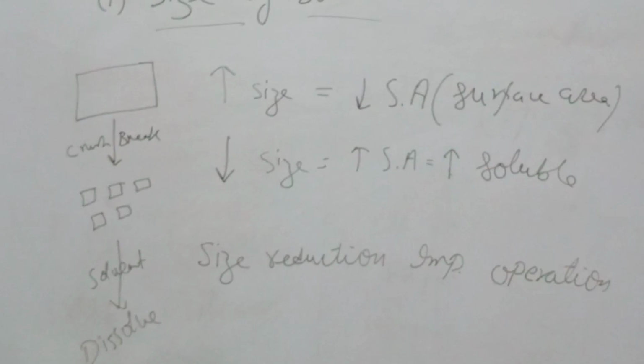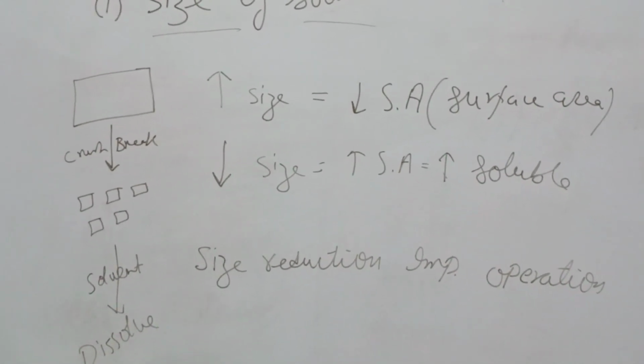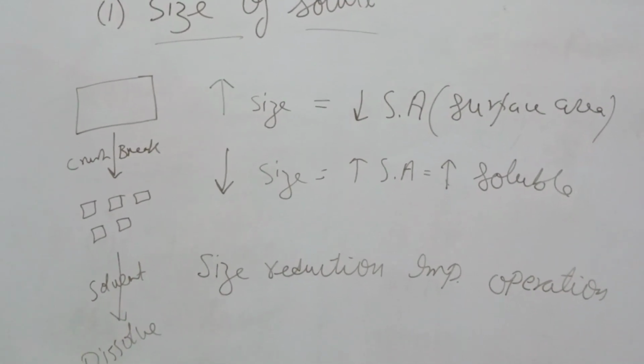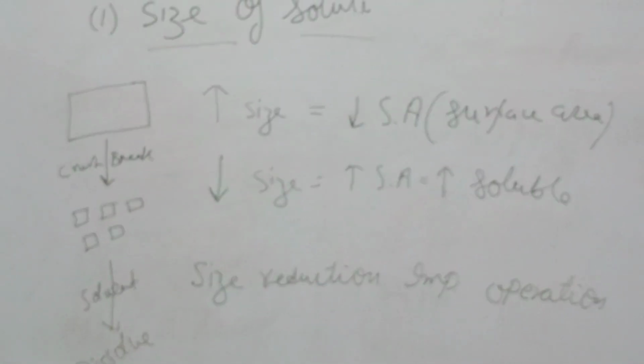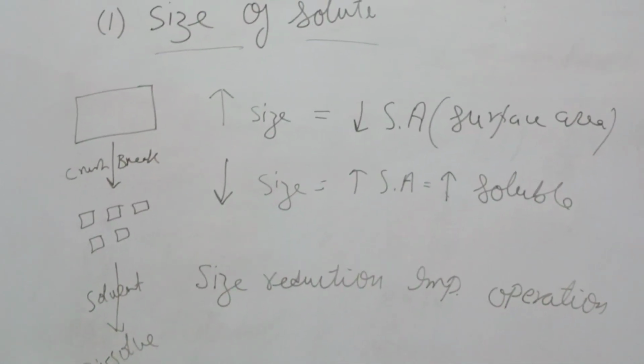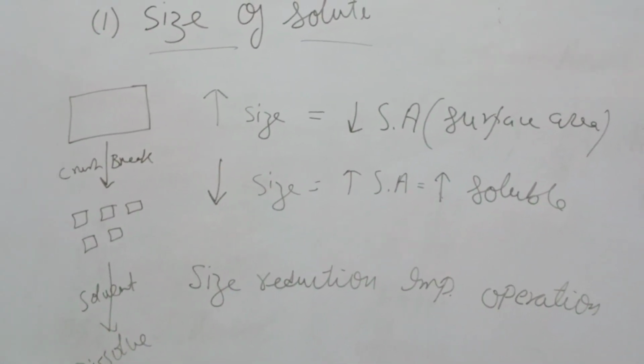So you can see here that there is a big block. This big block represents a solute, and once this big block is broken or crushed, it will be subdivided into small particles or small blocks.